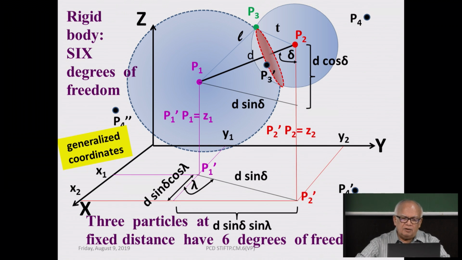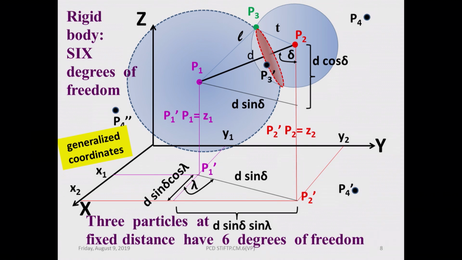So the alternative formulation of classical mechanics in terms of the variational principle is best done in terms of the generalized coordinates, which are the generalized degrees of freedom that we talked about in the previous class.